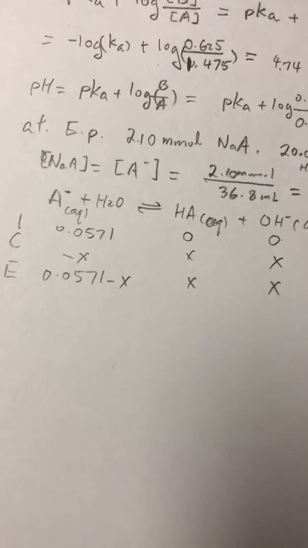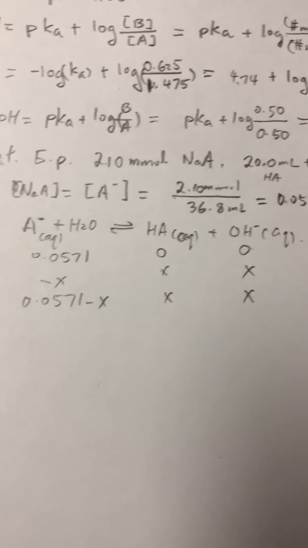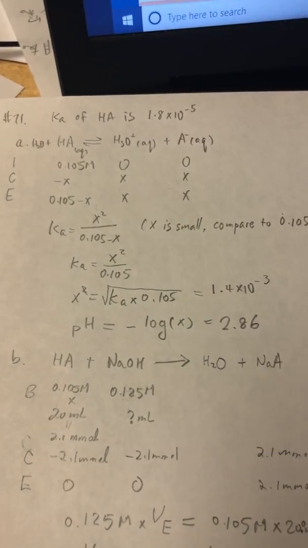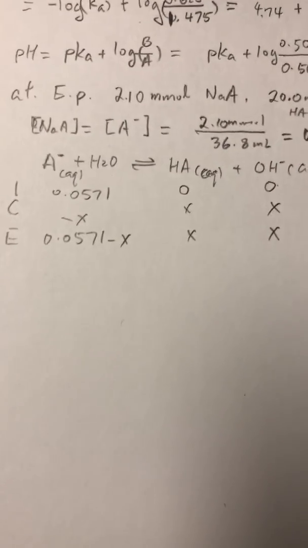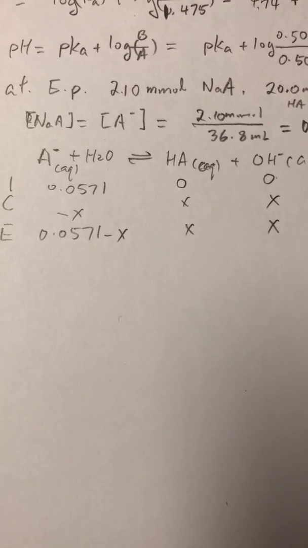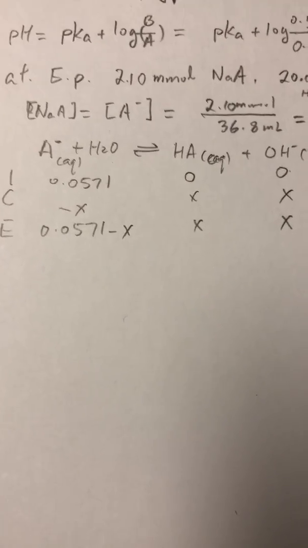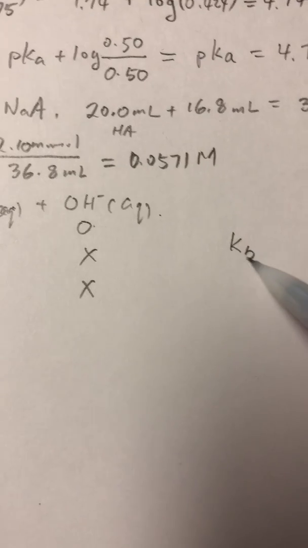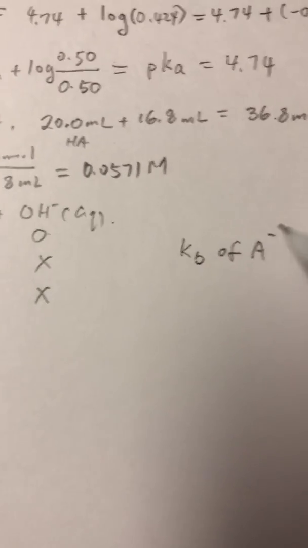The setup is exactly the same as the weak acid dissociation in step number 1. But here you cannot use Ka since this is a base, weak base, A minus. You need to know what is the Kb of A minus.